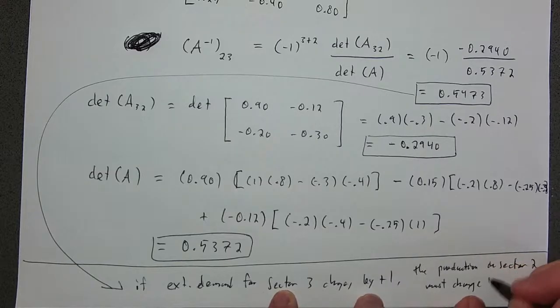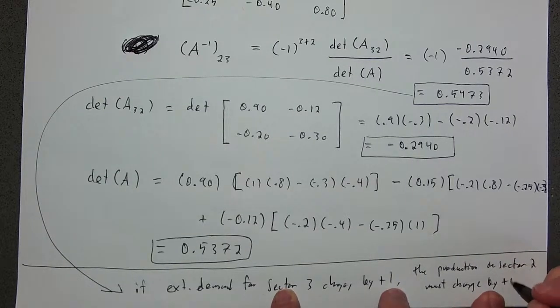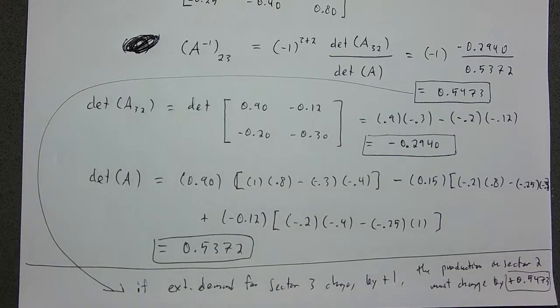This must change by plus 0.5473 in order to accommodate completely this change in external demand. Obviously, there was nothing special about the 2-3, or sorry, the 2-3 entry in this, so I could have chosen any entry you like there to have done this.